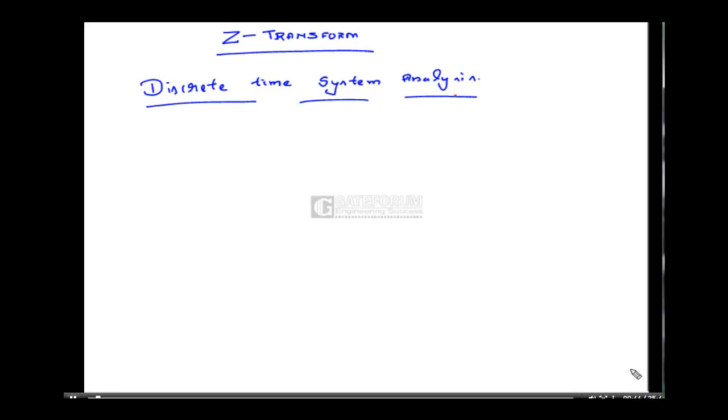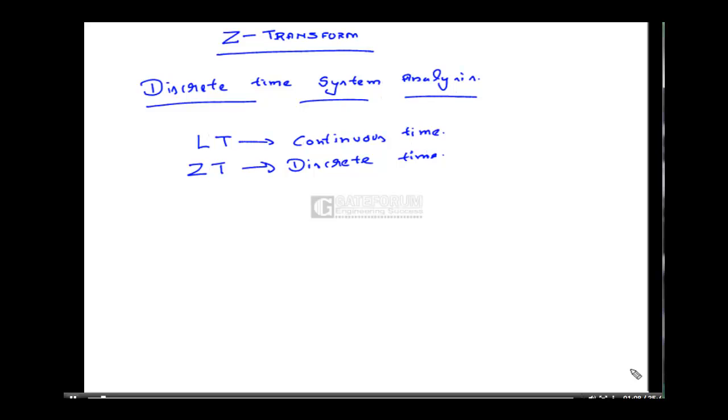Important point: Laplace transform, continuous time. Z transform, discrete time. So this is the basic difference between the two.